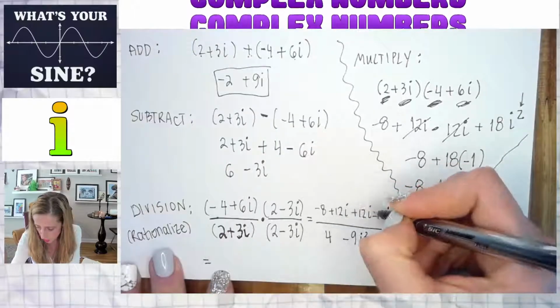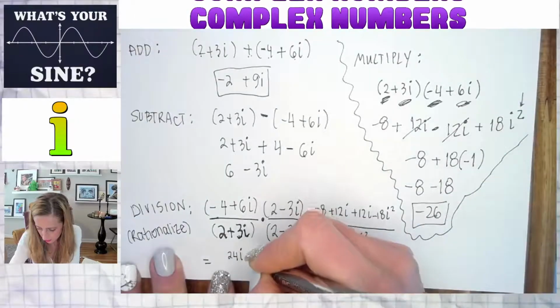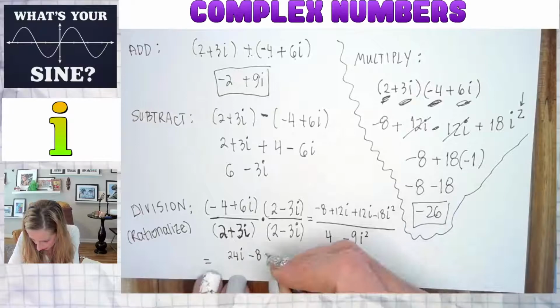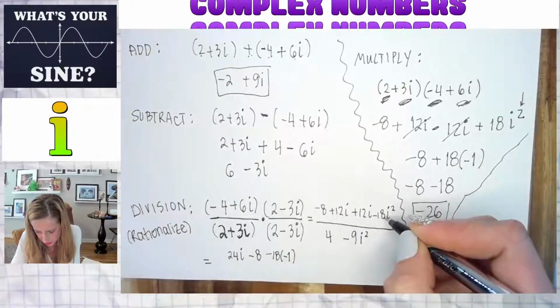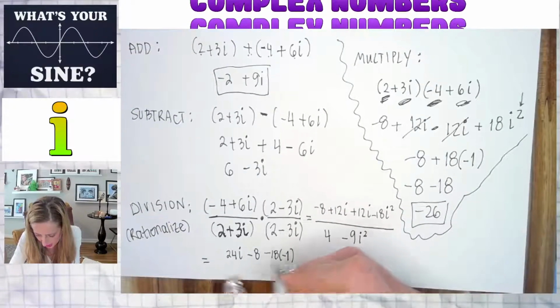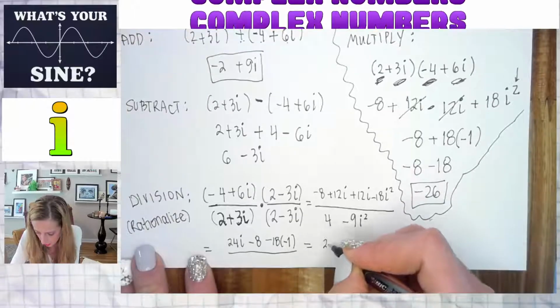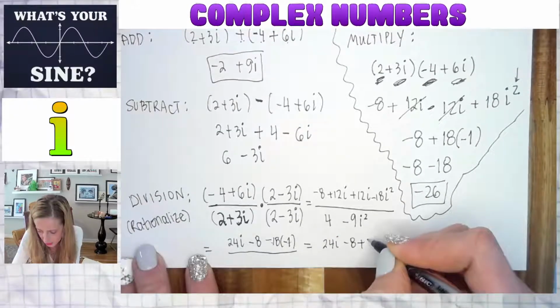So, cleaning this up, finishing it up. 12i and 12i was 24i. Negative 8. I'm just going to rewrite it in a different order. But I still have minus 18 times negative 1, because i squared is negative 1. That's my numerator. That will become 24i. There's the minus 8, but now that's going to become plus 18.